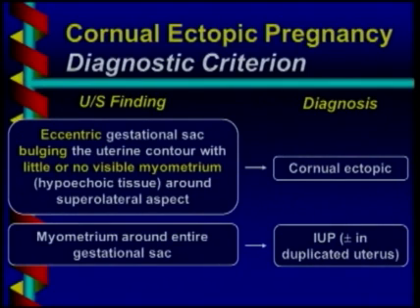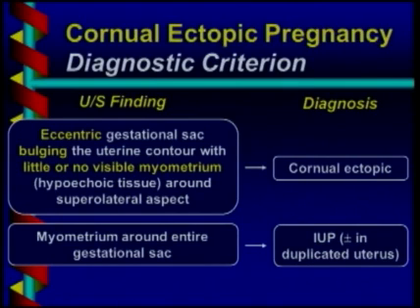So the diagnostic criterion to avoid this mistake is if you see an eccentric gestational sac bulging the uterine contour with little or no visible myometrium, which is hypoechoic tissue around the superior or lateral aspect, it's a cornual ectopic. If you see myometrium around the entire gestational sac, it's an intrauterine pregnancy, maybe in a duplicated uterus like a septate or bicornuate, or maybe not.